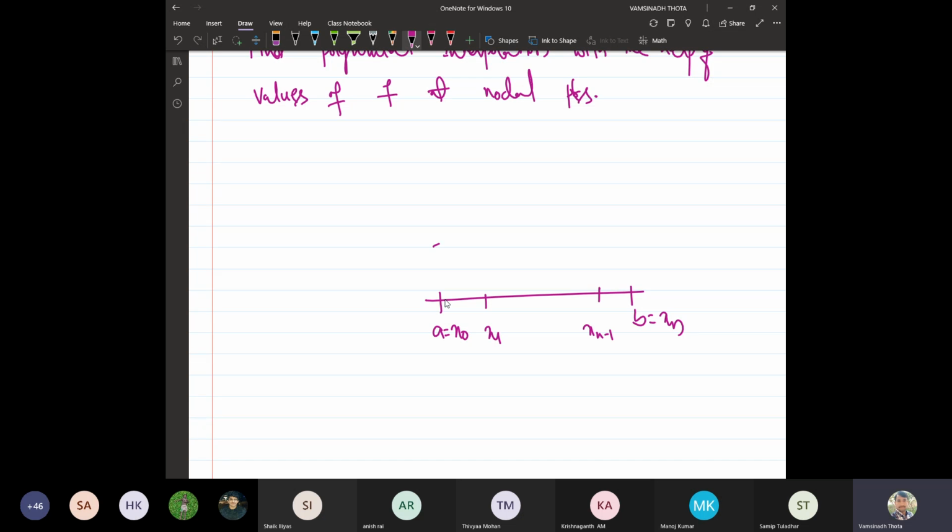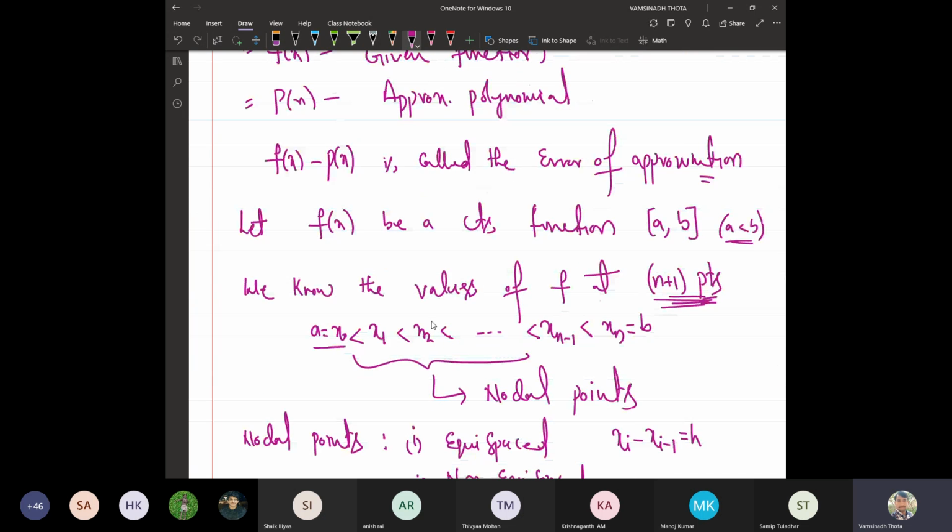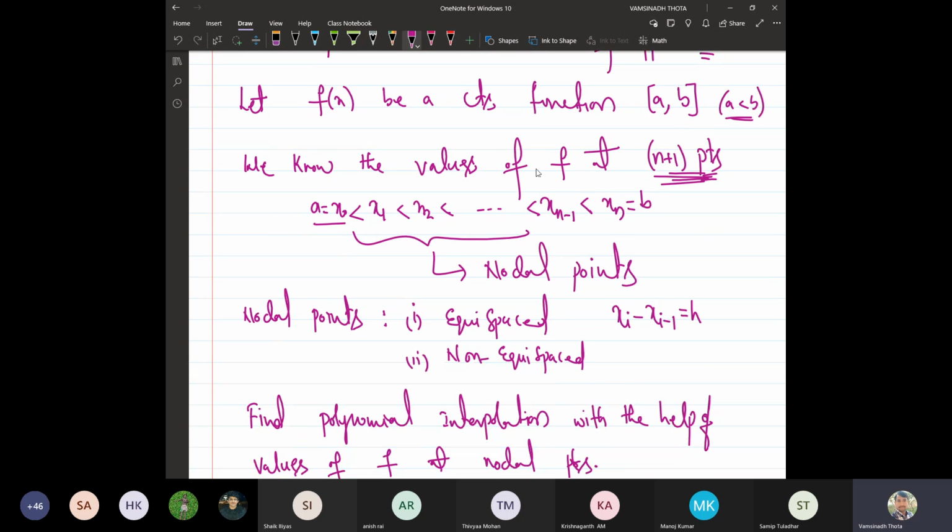We know the value of this function at this point, and this point, and this point. As the number of nodal points increases, we get a better approximation, a better interpolating polynomial, because we are utilizing the information of f at more nodal points.